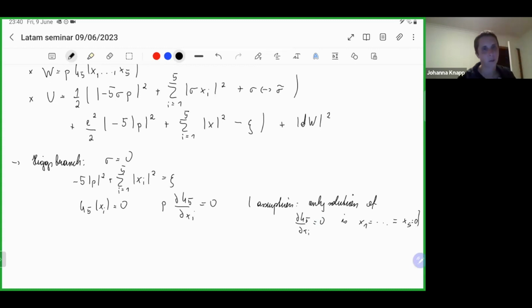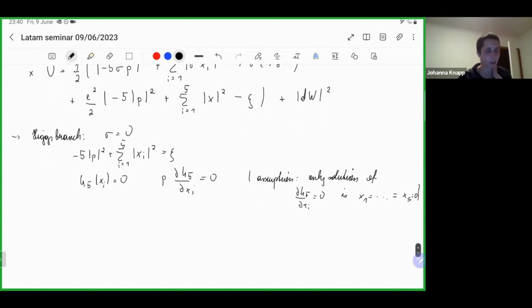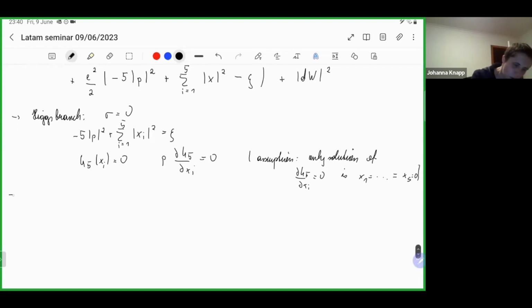That's an assumption we will make. That just means that the G5 has to be suitably generic. All right, and now we can actually solve these equations, and you will see that it will depend on the sign of this real parameter zeta, the Fi parameter. And that will give us the phases of the GLSM.